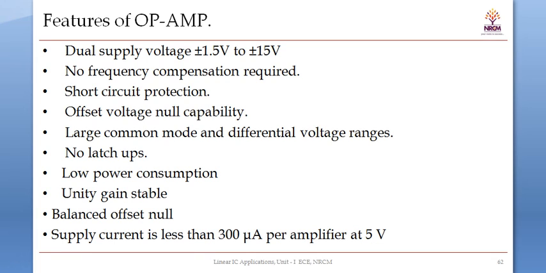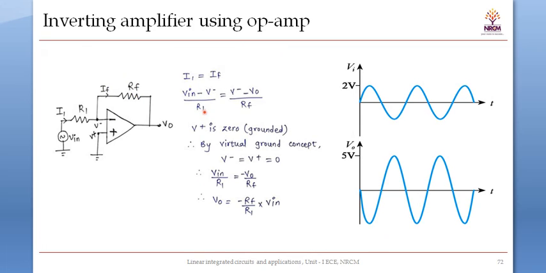Now we will see the inverting amplifier using op-amp. We are also going to derive the closed loop voltage gain for the inverting amplifier. Open loop voltage gain is the ratio of output voltage to the differential input voltage, so open loop voltage gain is V0 divided by VID.